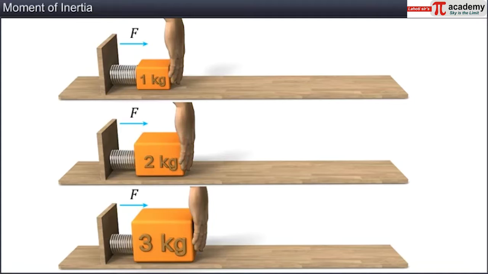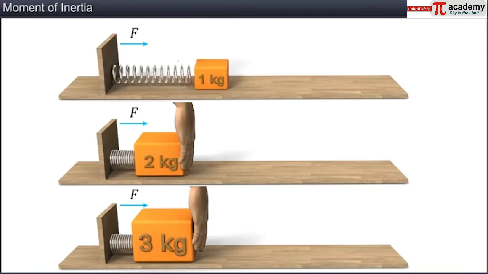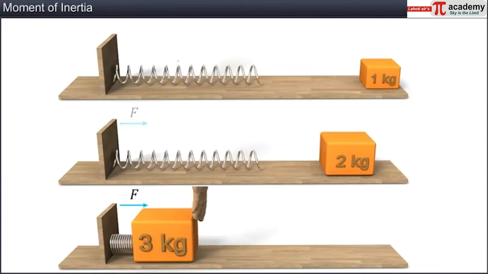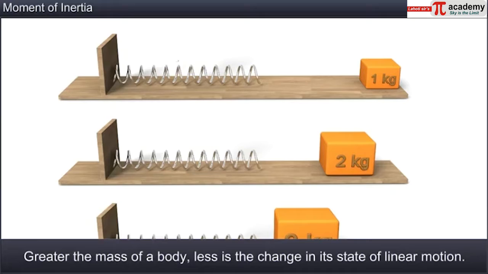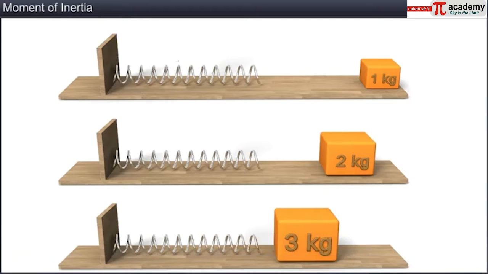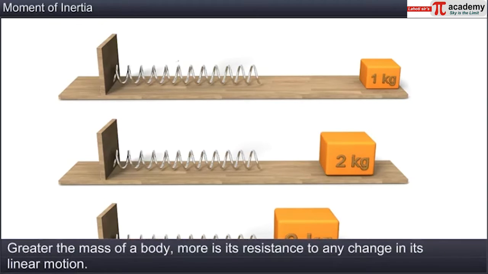But when the spring expands, the 3 different masses move through different distances. That is, the greater the mass of a body, the less is the change in its state of linear motion. Or, in other words, the greater the mass of a body, the more is its resistance to any change in its linear motion.